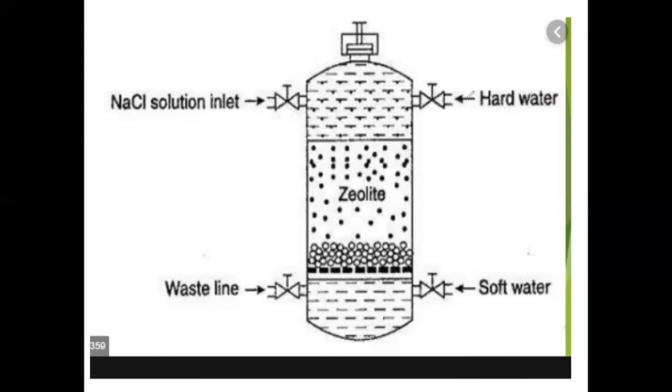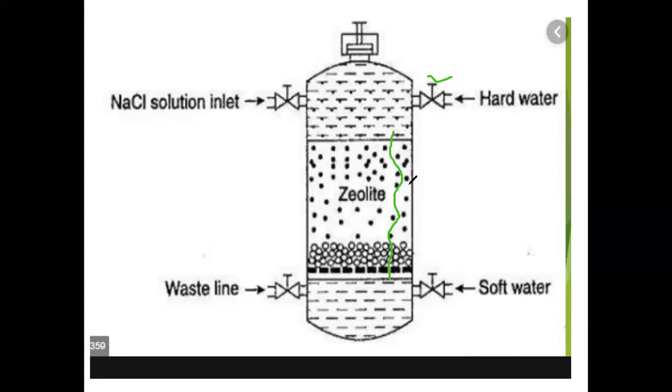You can open this valve and allow the hard water to enter, and the hard water will pass through this layer, the media or this zeolite, the way we pass water through sand during the filtration process. So the same way the water will be percolating through this, and when it comes into contact with zeolite, the exchange of ions happens: the calcium and magnesium will be absorbed by the zeolite, and the sodium will be released from that zeolite.